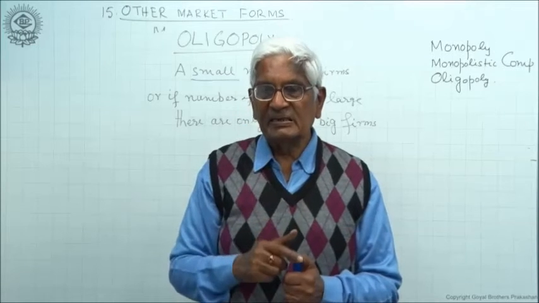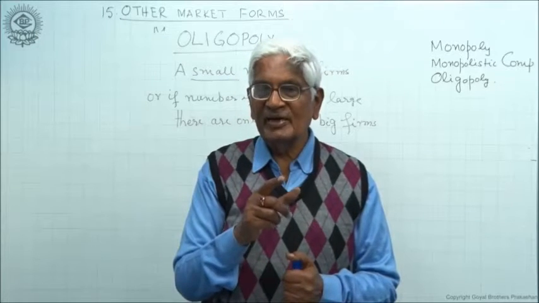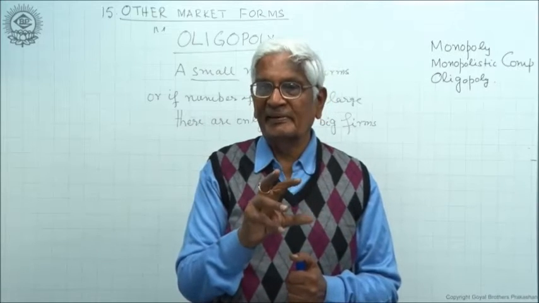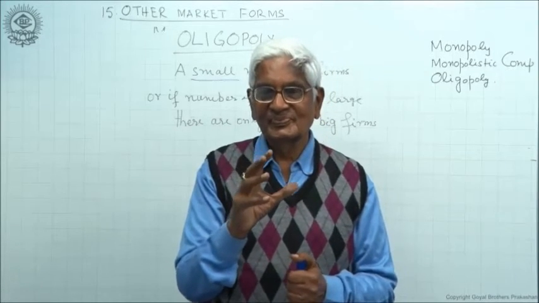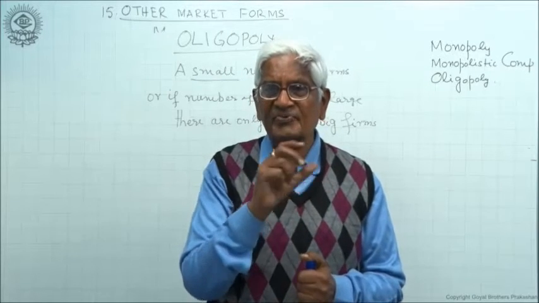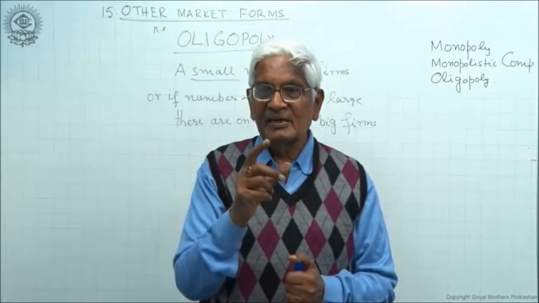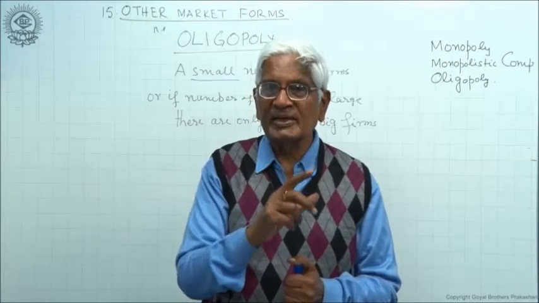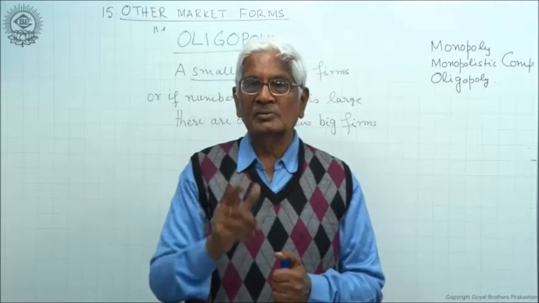When can he react? The firm can react only when he knows something about the rival firm. When can he know about his rival firms? He or she can know about the rival firms only when the number of firms is small.